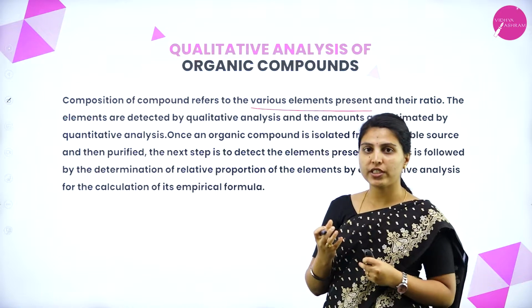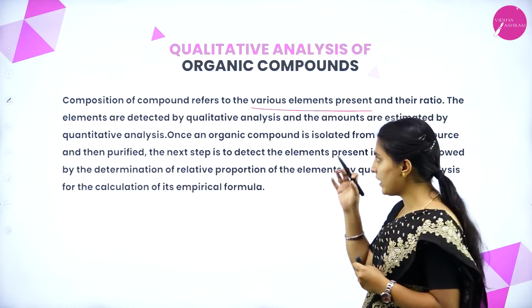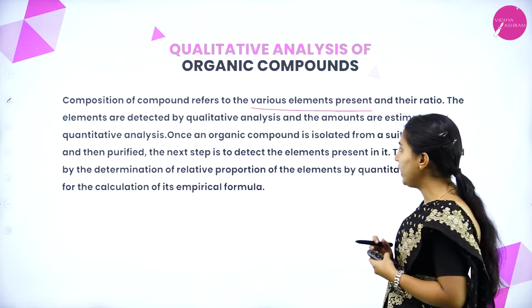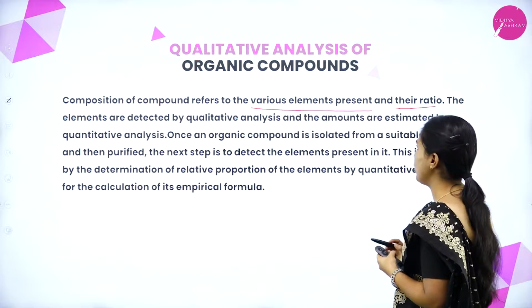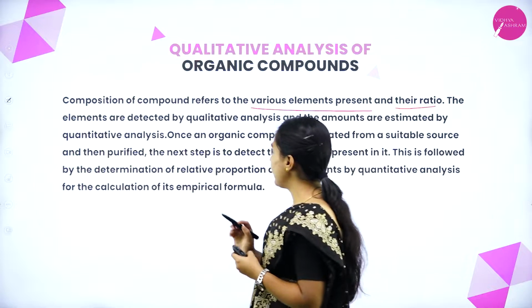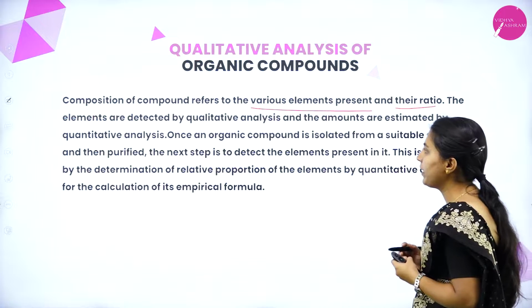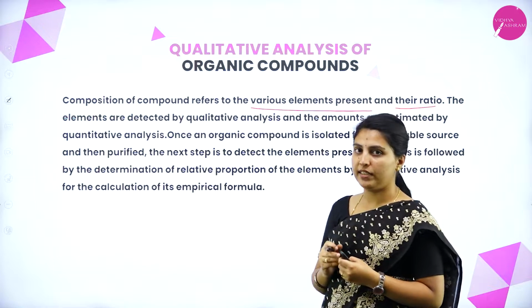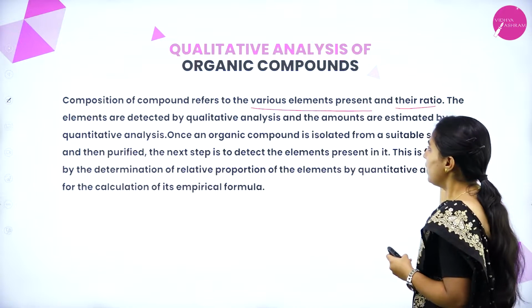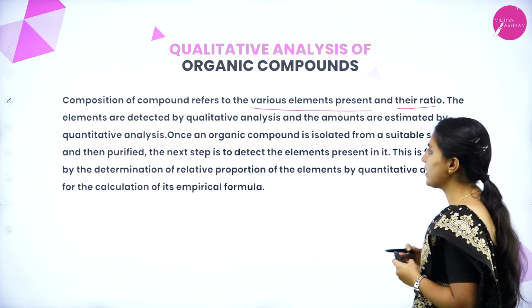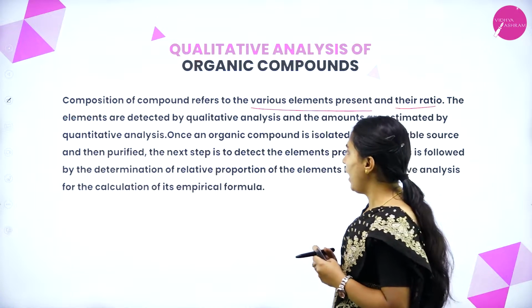The elements present in a compound vary, and so do their ratios. The elements are detected by qualitative analysis and the amounts are estimated by quantitative analysis. That's what I told now.